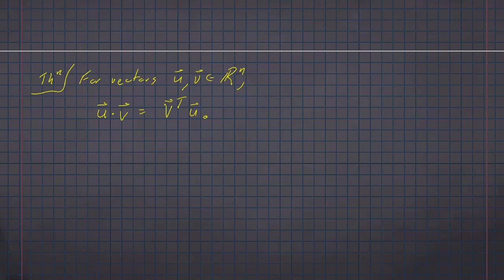If we take two vectors u and v and think about the Euclidean dot product, that is by its very definition the same thing as taking the row vector, and for convenience we'll write v as a row vector here, and we'll leave u as a column vector, and you'll see why that's useful in the next theorem. But again, the definition of the matrix multiplication is the Euclidean dot product.